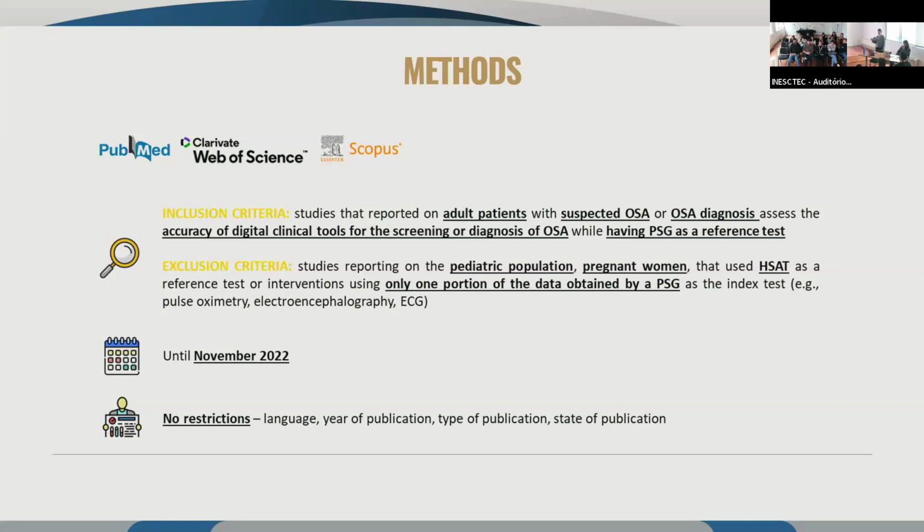So PSG, or polysomnography, or level 1, it's the same exam, different names, but the same thing. We are only including articles that compare the results of these digital tools against the gold standard, not the other levels. Some of the exclusion criteria: the pediatric population and pregnant women, because normally the airway is different when a woman is pregnant, so they also needed to be excluded.